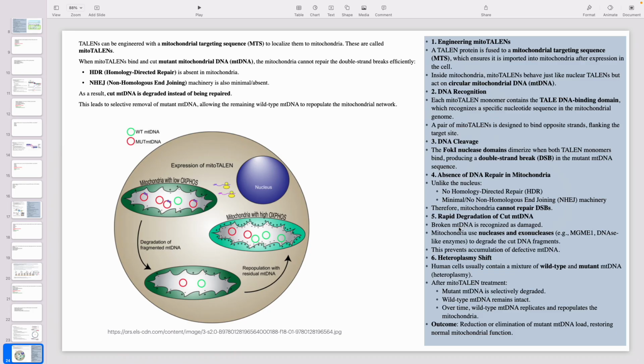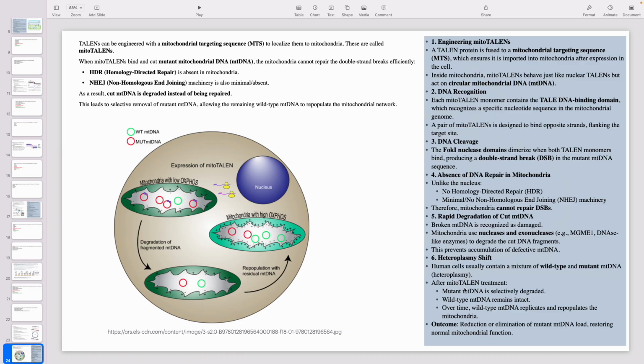Broken mitochondrial DNA is recognized as damage, so the mitochondria use nucleases and exonucleases to degrade the cut DNA fragments. This prevents the accumulation of defective mitochondrial DNA. A human cell usually contains a mixture of wild type and mutant mitochondrial DNA.